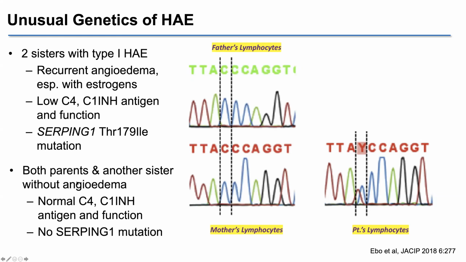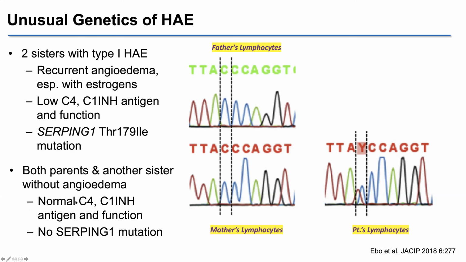But the weird part of this is they looked at the parents, because one of the things we stress in HAE is if you find an affected family member, check the rest of the family, because it's so dangerous to not make the diagnosis of HAE. So they checked both parents and a sister, and none of them had angioedema.